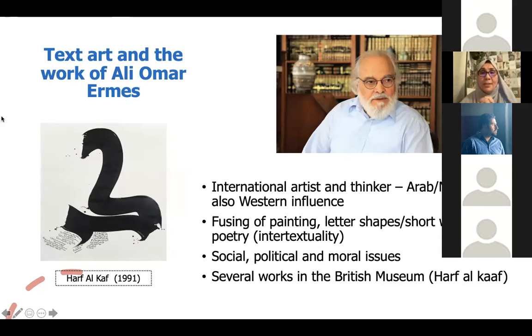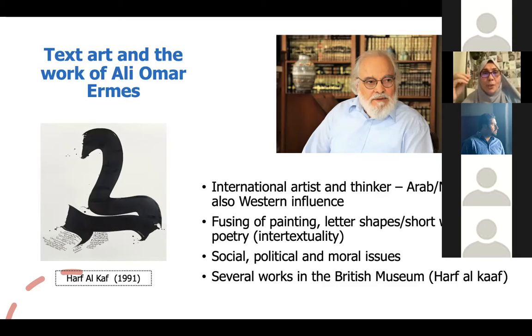The artist that we have used in the teaching and learning of Arabic language and art as project-based learning is Ali Omar Ermis, an international artist and thinker. He's Arab Muslim. What is special about his painting? His painting is in the letter shapes of the Arabic language. Every painting has short words and poetry, and he brings in social, political, and moral issues.